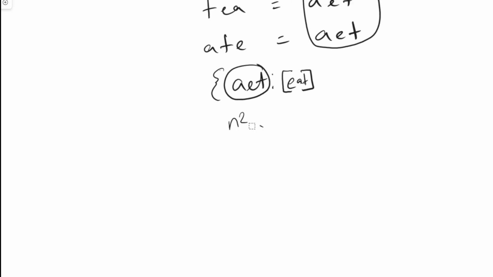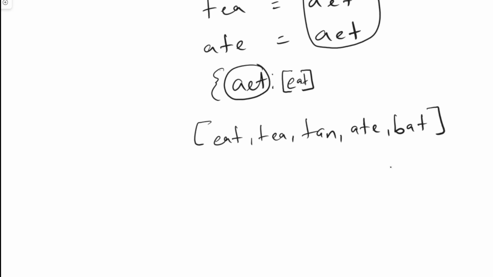So let's first go through the entire algorithm with the test case that we have to give an idea as to how it works. And then after that, I'll state the final runtime and exactly where the improvement is being made. So yeah, we have the words eat, tea, tan, ate, and bat, right?